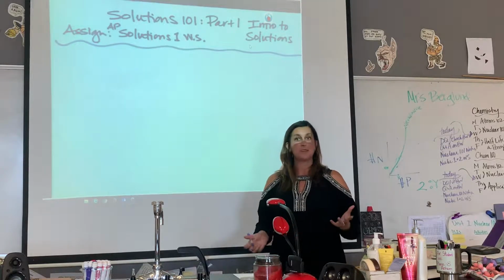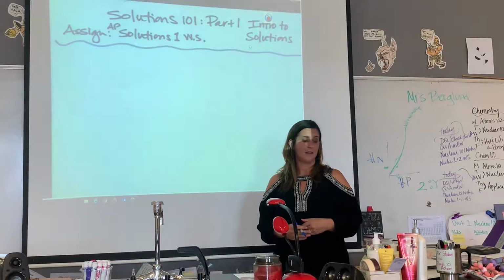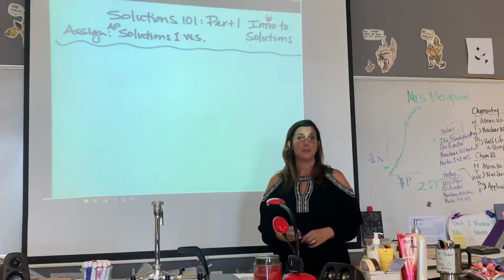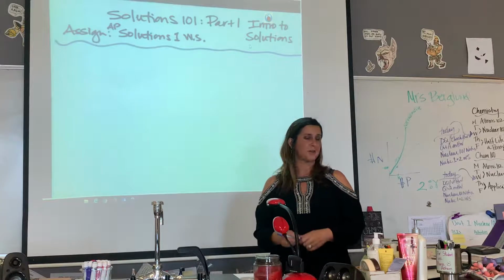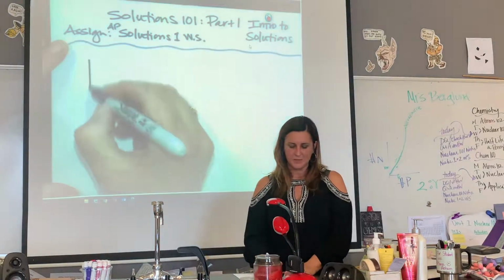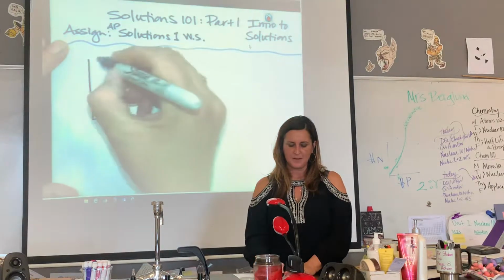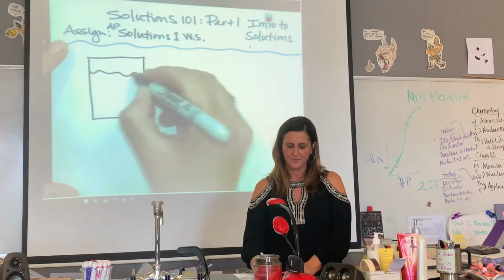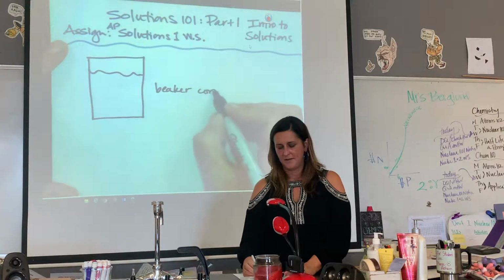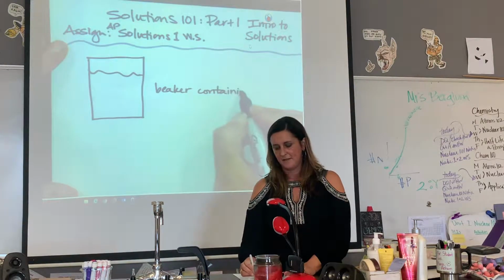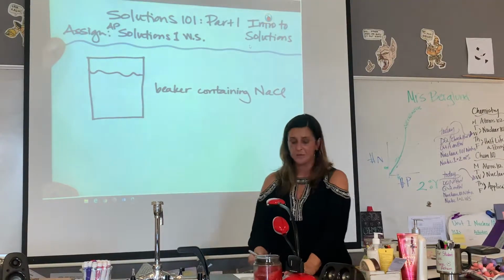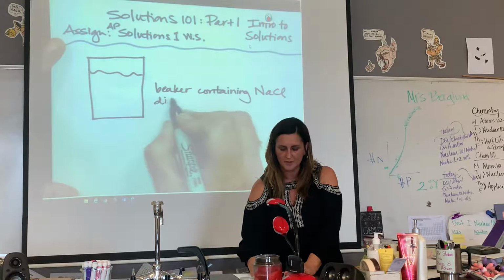What we're going to start with are just some really general definitions about solutions and the components of a solution. So we're going to start with a picture because I like pictures. Let's say that we have a beaker, and in that beaker there is sodium chloride dissolved in water.